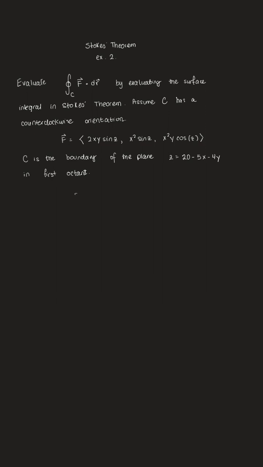In order to use Stokes' surface integral, we need to recall what Stokes tells us, and that is that if we're looking for the circulation of a vector field along a curve that's closed, this can be calculated by finding the surface integral of the curl of the field dotted with the normal, so the component of the curl that's on the surface, dS.